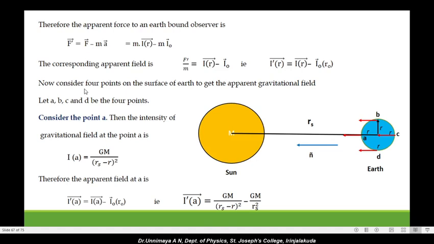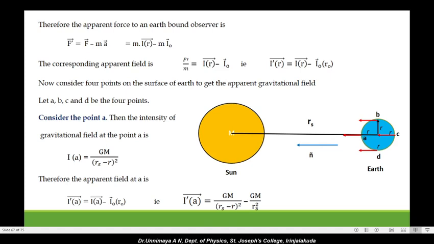Now in order to get the tide formation, consider 4 points on the surface of Earth, to get the apparent gravitational field on Earth's surface. Consider points like A, B, C and D. A, B, C, D are the 4 points on the surface of Earth.